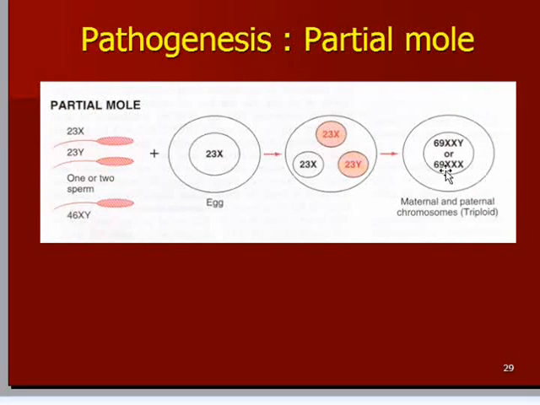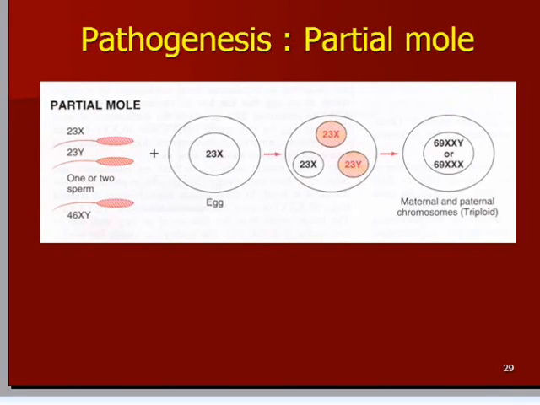This cell contains both maternal and paternal chromosomes. It means an attempt will be made to make a baby. In that case it is a partial mole, and some villi would be normal in appearance.